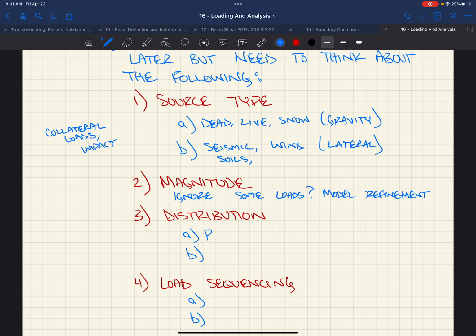So as I said, distribution wise, we might manipulate that. It might be a point load, it might be a uniform, might come as a pressure, might be a line. Wind loading, you could use any one of these, right? You could put a pressure, like the homework, the stair tower, right?